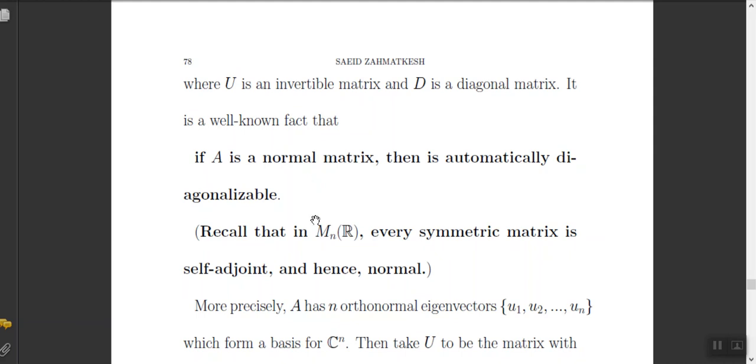Now, if we have a square matrix with real entries, then every symmetric matrix is self-adjoint and definitely normal. Why is it like that?